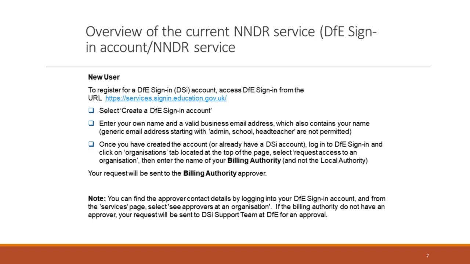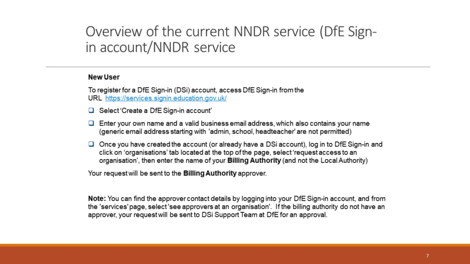In terms of the service, if you opt in, you need to have your account created and linked to your billing authority and not the local authority. The difference between the two I will be showing you shortly.